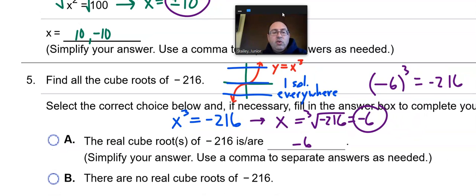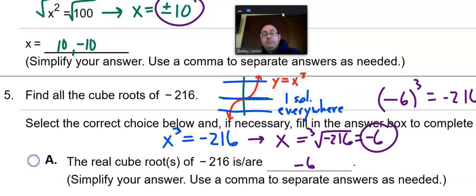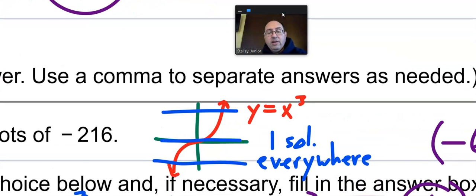Question 5. Find all the cube roots of negative 216. Well, all right, so let's think about y equals x cubed. Y equals x cubed looks like the red shape that I just drew there. And you'll notice every time I draw another horizontal line, it crosses one time. So that means no matter where you are, there is always one solution.